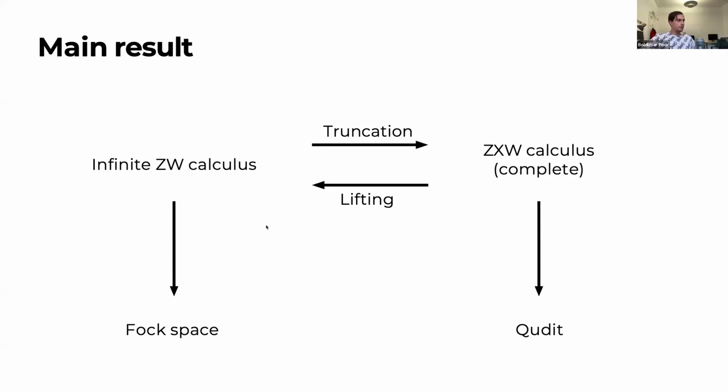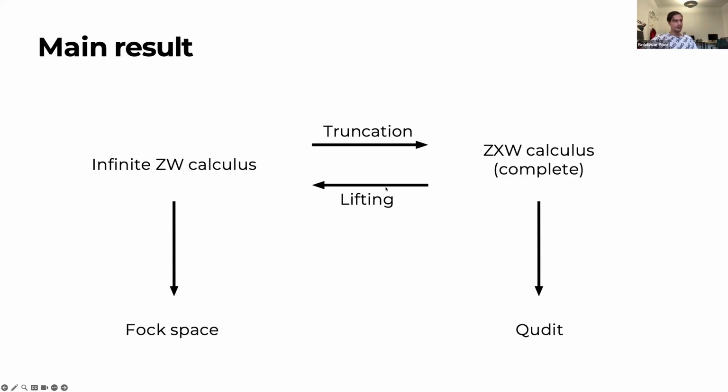So we now know what infinite ZW calculus is. If we have some diagram where we want to do reasoning that we naturally wouldn't be able to do here, we can truncate it into the ZXW calculus, which we know is complete, so any equation can be derived. And then once our reasoning is done, we can lift it back. One thing I didn't mention previously is that there are some restrictions on when it can be lifted back.